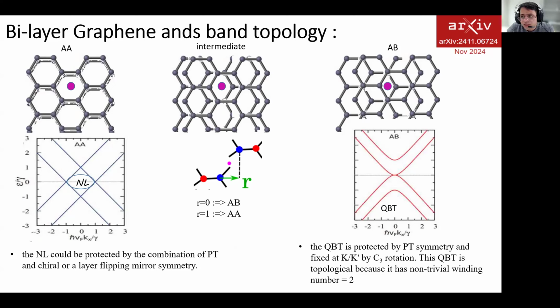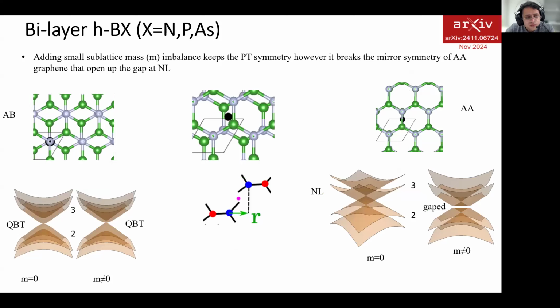So it seems that we have a nodal line which we can gap out easily, and an AB stacking in graphene with a quadratic band touching, so some non-trivial procedure should happen going from one case to the other. Actually, we confirmed it. We add a sublattice potential to the graphene layers, and we found that after adding a small sublattice potential, the quadratic band touching still remains a quadratic band touching.